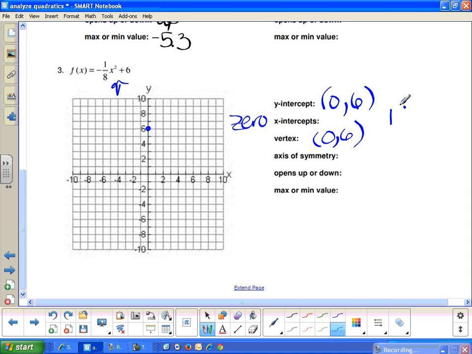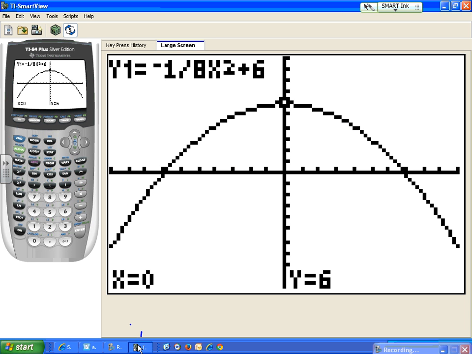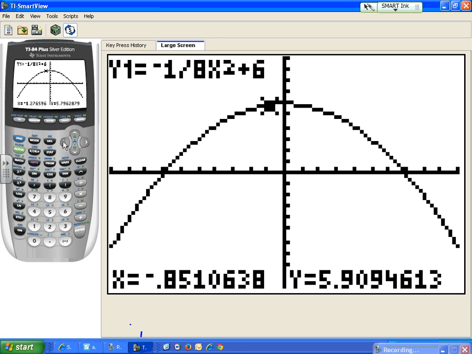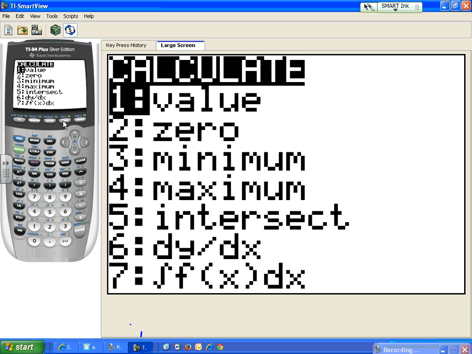And we're going to have to pick our left bound and our right bound for our intercepts. So go back to my calculator. I know that they're somewhere over here to the left, so I'm going to press trace. And I want to go down here to as close as I can on the left side. Second trace, this is a 0.